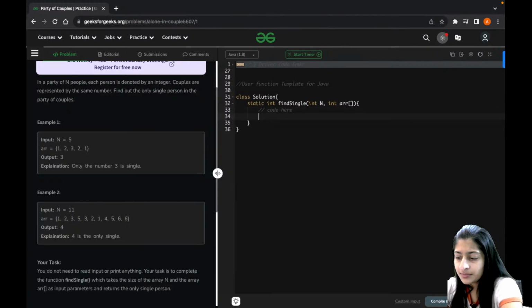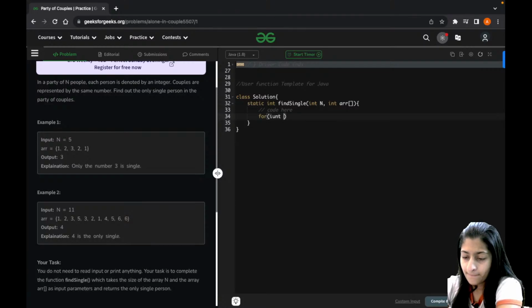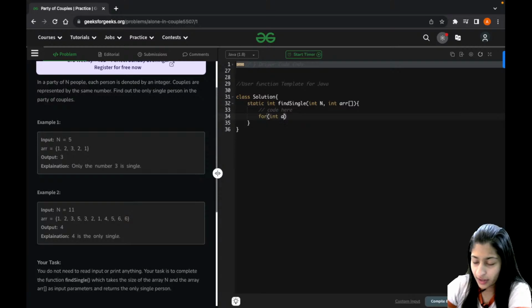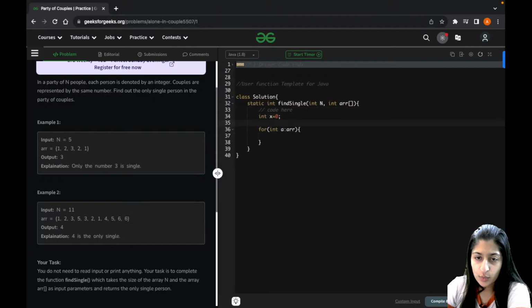It's very easy. So I'll iterate over this array: for int a belonging to arr. What you are checking? You have taken some int x as 0, whose XOR you will start with.